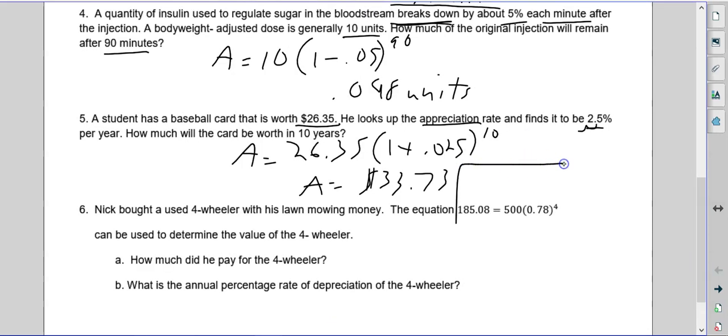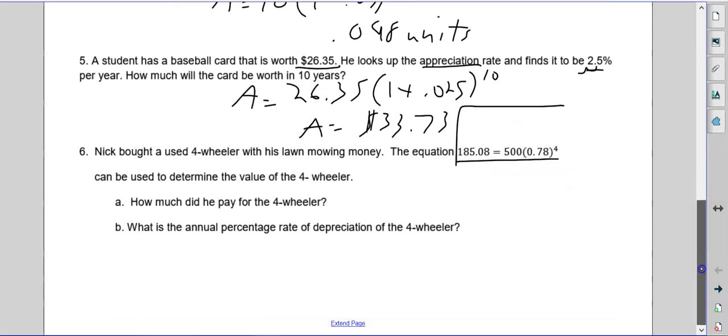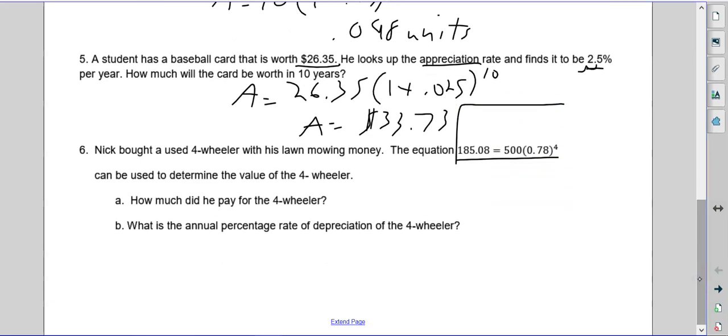Nick bought a four-wheeler with his own money. Here's the equation right here. It says how much did he pay for the four-wheeler? Okay, that's the initial amount. What's the annual percentage rate of depreciation? That's not it, okay? Remember, this formula would have been 1 minus something to give us that 0.78.